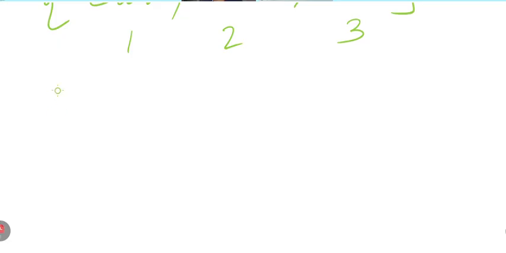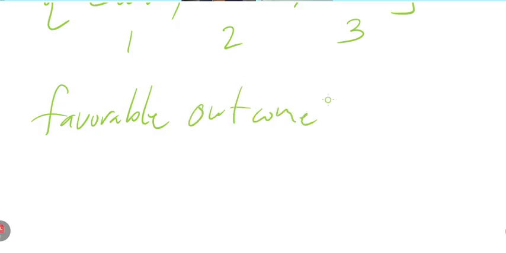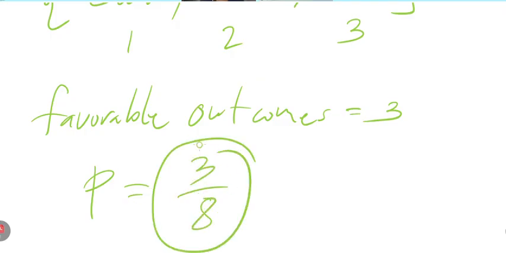The favorable outcome is equal to 3. So the probability is 3 out of 8. That is the answer for this one.